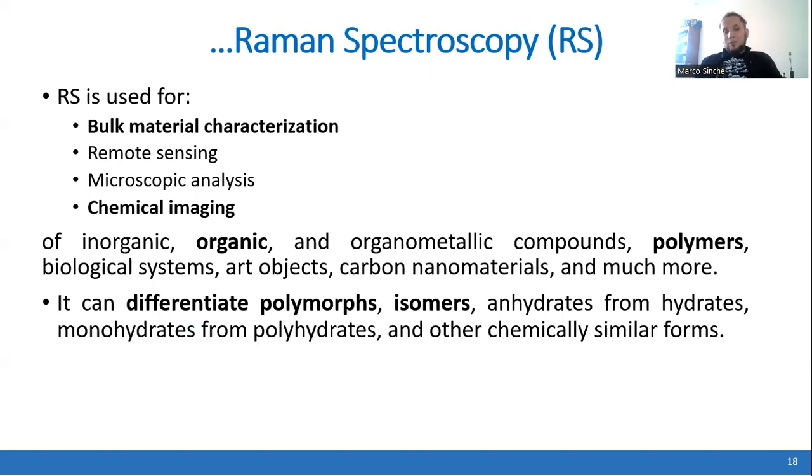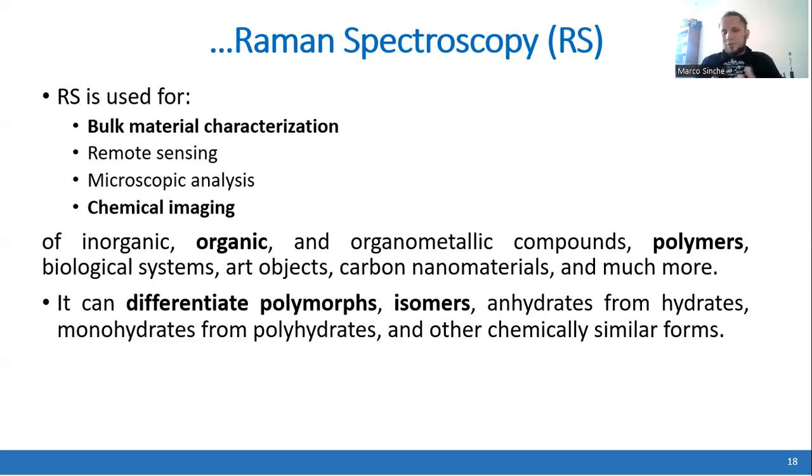It is able to differentiate polymorphs, isomers, and other chemically similar forms, which is very useful because, for example, there are some molecules in which one isomer has a sweet taste, but the other isomer has a bitter taste.